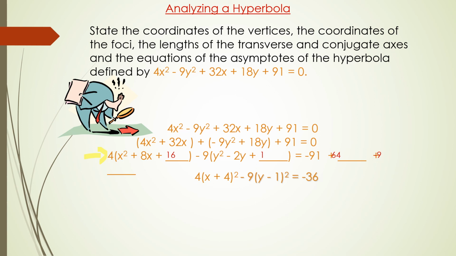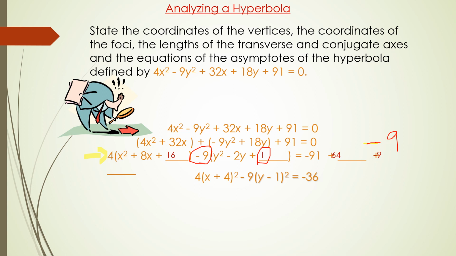It should be minus 9, sorry, I missed it. Minus 9, because negative 9 times 1 is negative 9. I missed my sign. Okay, negative 91 plus 64 minus 9 is negative 36.